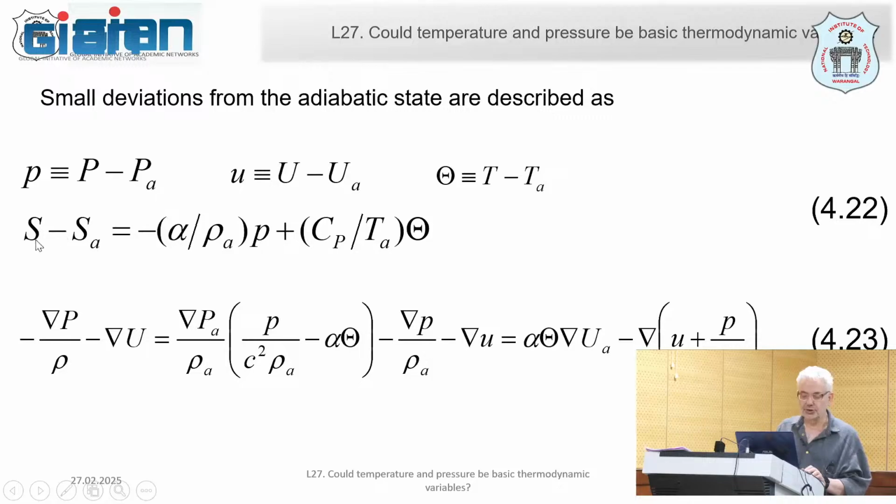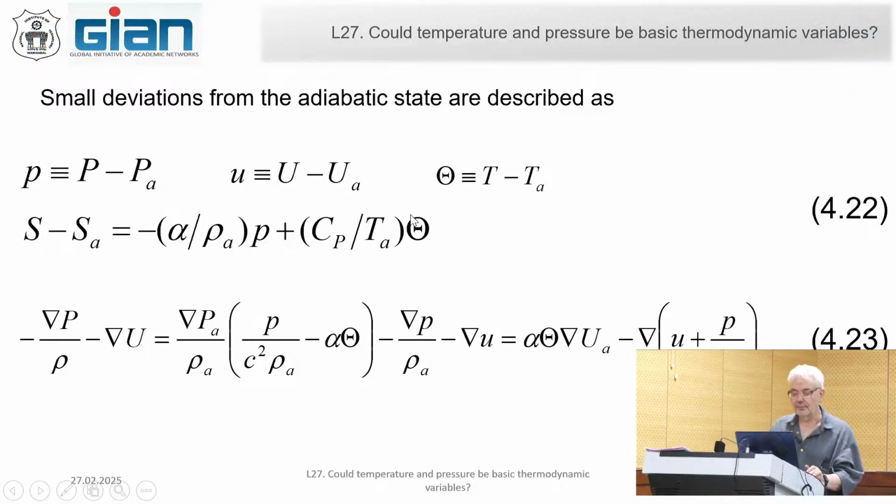And then in this case, entropy is not the main variable, and we should separate it out and present it via this pressure and this superadiabatic temperature. So let's consider how this works in more detail.